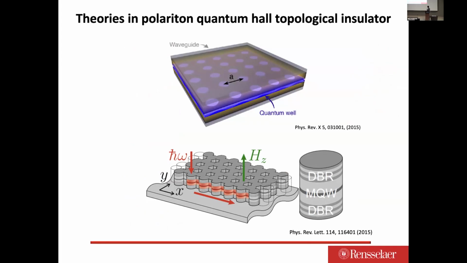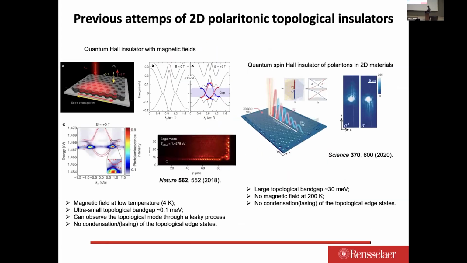Many theories back to 2015 even proposed etching pillars of gallium arsenide or doped gallium arsenide, trying to demonstrate defect states propagating without backscattering. Those are theory works. There have been some previous attempts to realize the quantum spin Hall effect.